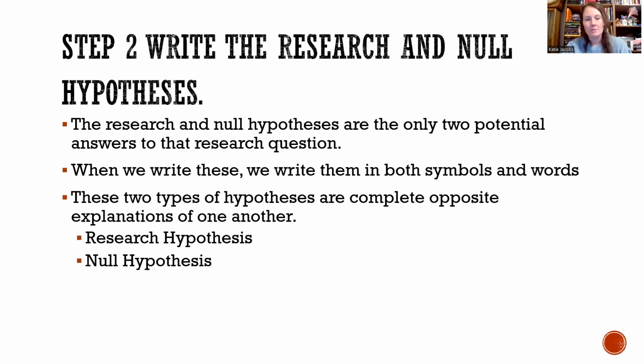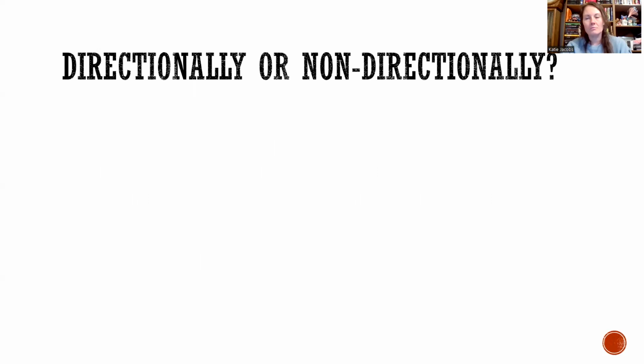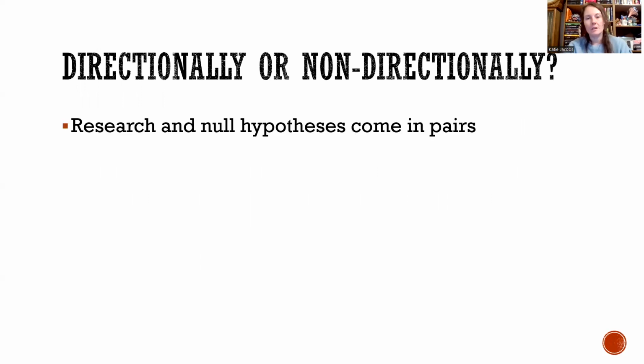Okay, so again, we have our research hypothesis, we have our null hypothesis. And when we write our research and null hypotheses, either we can write them directionally or we can write them non-directionally. Okay, but our research and our null hypotheses come in pairs. So if you write your research hypothesis directionally, you also have to write your null hypothesis directionally.